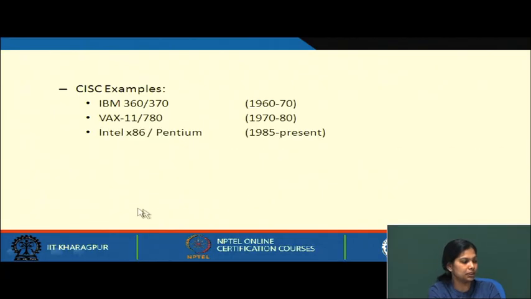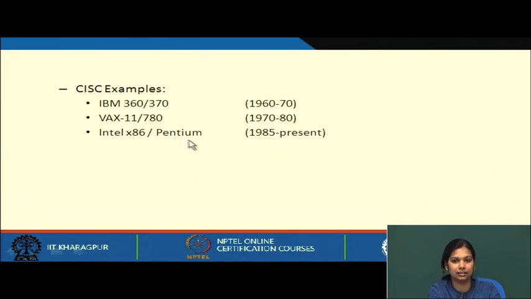Now, CISC machines in the 60s and 70s, we have seen IBM 360, 370, and VAX 11 was one of the popular ones in the 70s and 80s, and from 1985 until the present it is Intel.